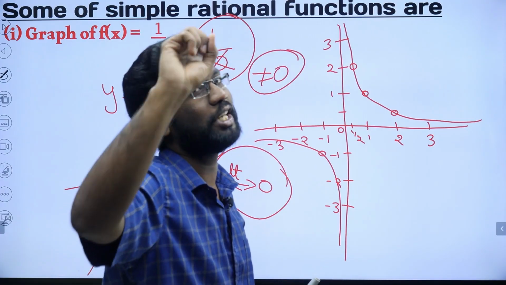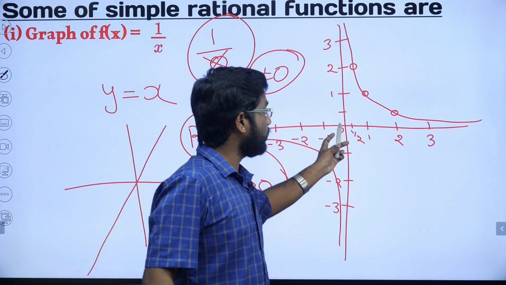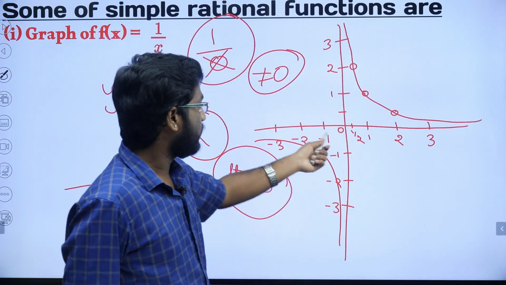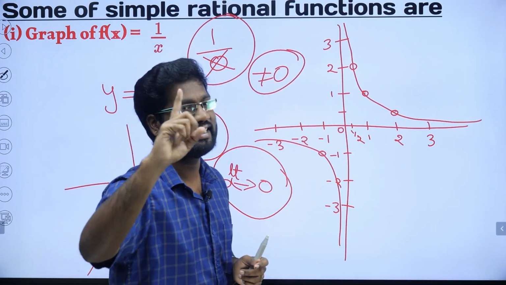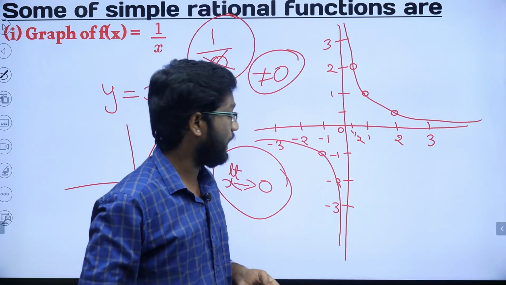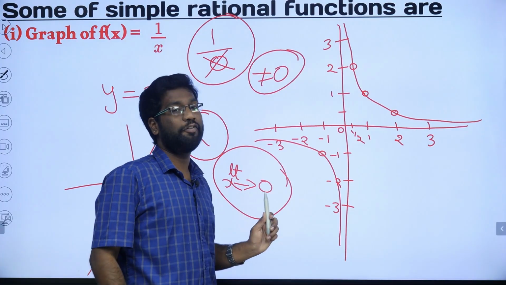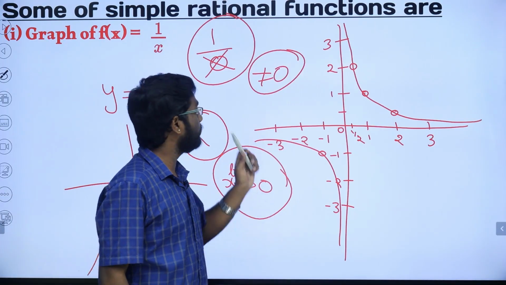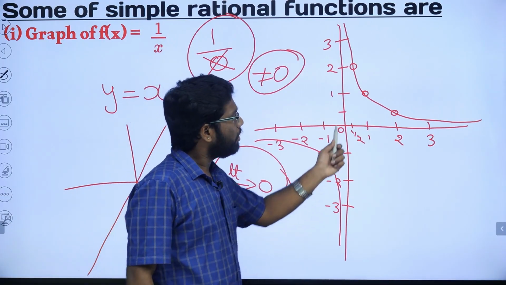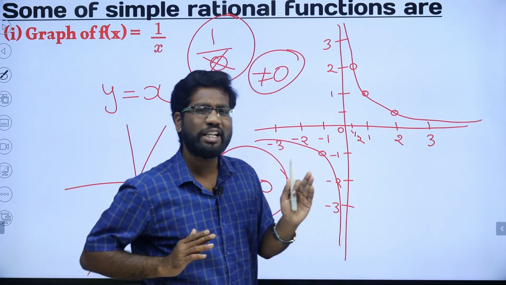That's the thing you have to keep in your mind. There is a difference between does not equal to 0 and approaching 0. Though it does not equal 0, the value is going very close.